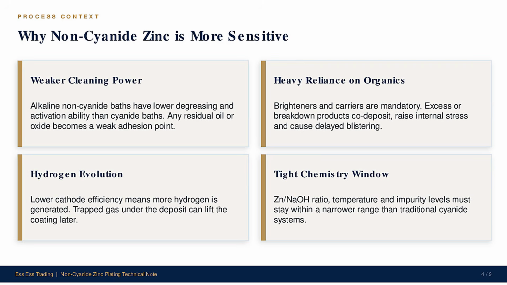Additionally, lower cathode efficiency means more hydrogen evolution, which can get trapped under the deposit. Lastly, the chemistry window is tighter. Parameters like zinc to sodium hydroxide ratio, temperature, and impurity levels must be carefully controlled to avoid issues.